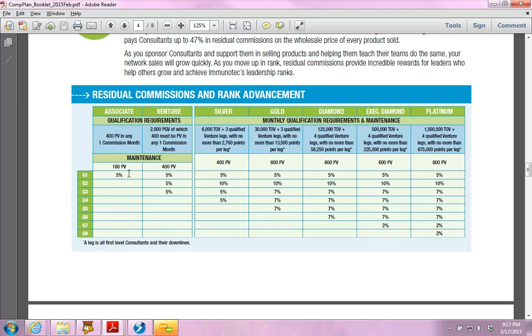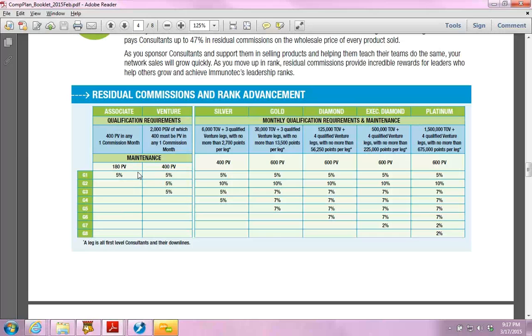But in order to get paid, they just have to buy 180 points. We were looking at those volume points. 180 PV personal volume could be 1 box of Immunical, or 3 bottles of probiotic with cranberry, or 3 bottles of probiotic. It just needs to be anything that adds up to 180 points, and that associate qualifies to get paid.